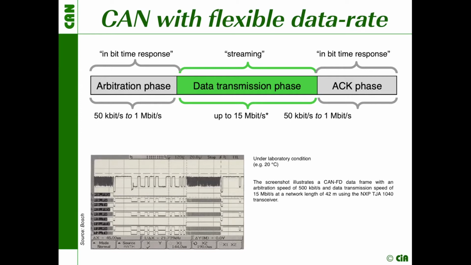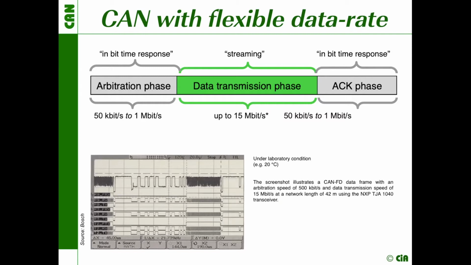We are not limited. And so that is the idea behind CAN FD, flexible data rate. In a flexible way, we change the transmission rate during transmission to a higher speed. Up to 50 megabits has been shown in the lab at that time.